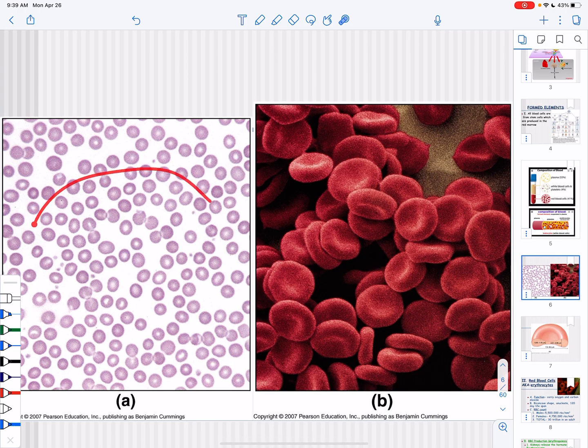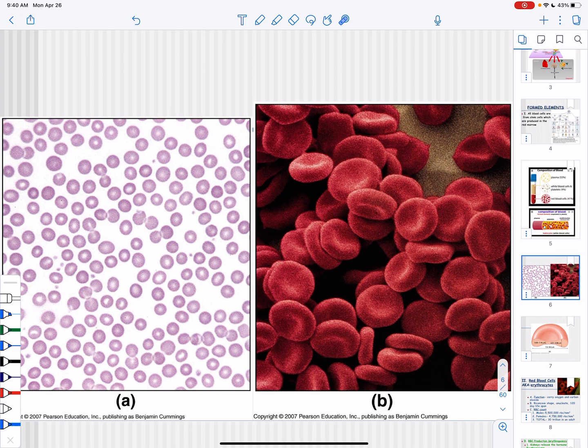When we look at it under the microscope, we can see the little light coming through the center of these, because the center of the red blood cell is very, very thin, so the light comes through underneath. And then you might see some of these little specks in here. Those are something we're going to get to later, but those are what are called your platelets.